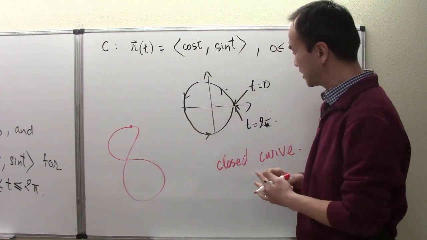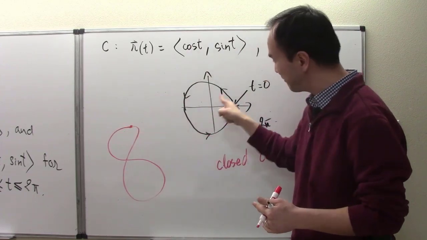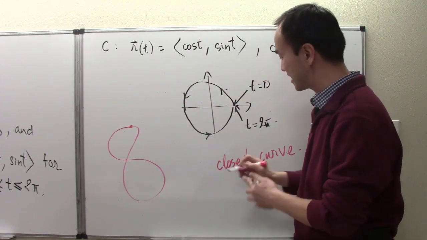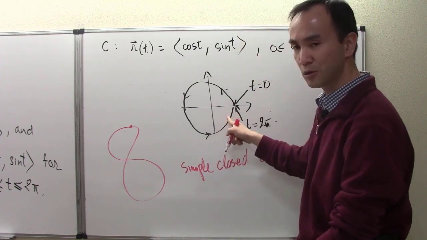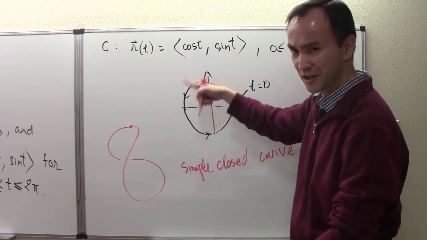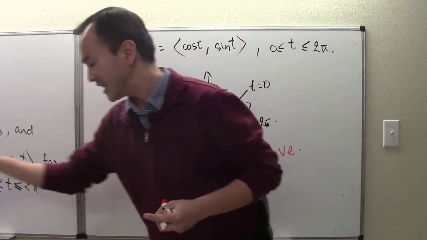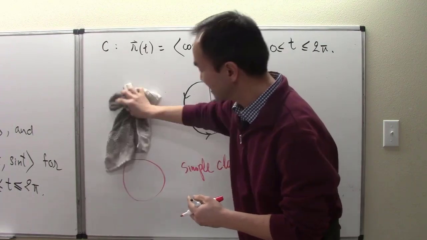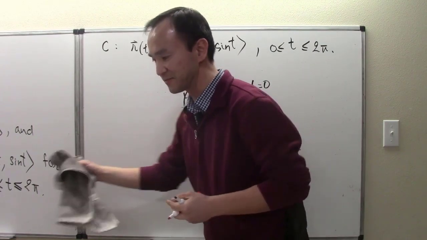So the kind of problem we're about to get into focuses on closed curves that we call simple closed curves, where it's just one loop with no crossing or anything like that. That's what simple closed curve means. We're going to erase this because we won't look into that kind of closed curve.